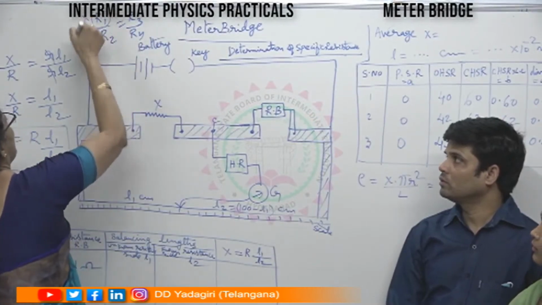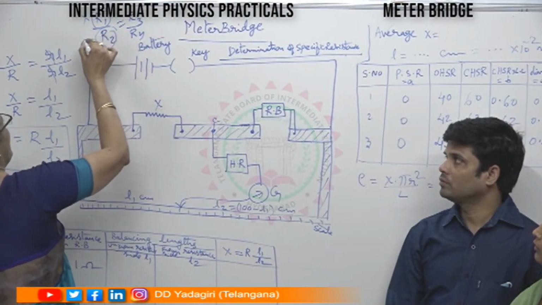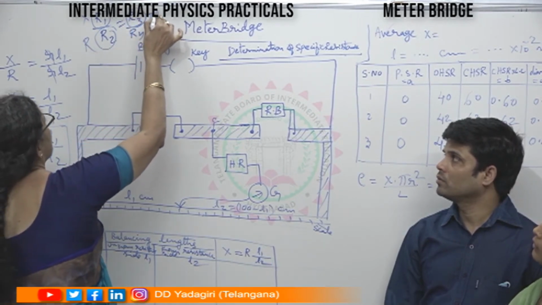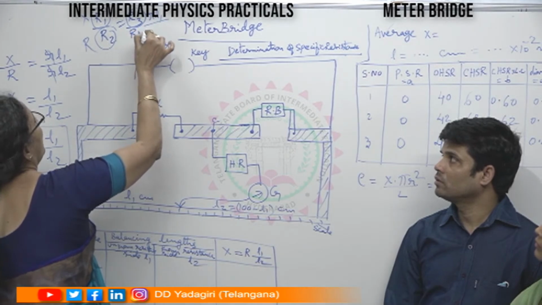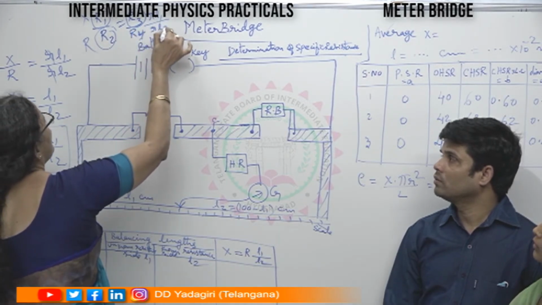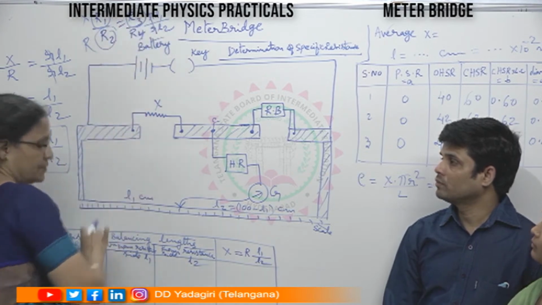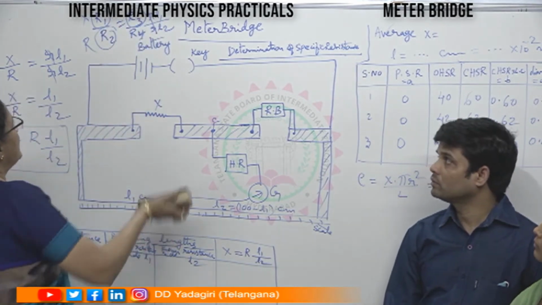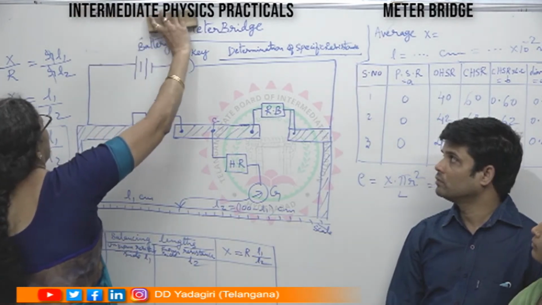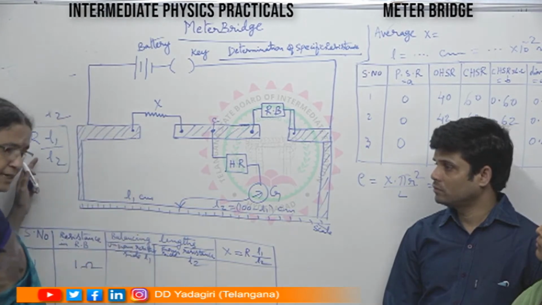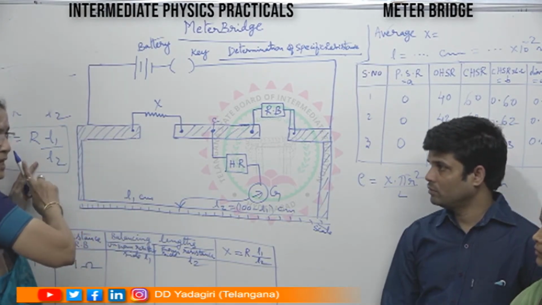Here I have written X. In place of R2, I have written R. In place of R3, I am writing rL1. Instead of R4, I am writing rL2. The r's cancel, so this becomes X is equal to rL1 by L2. That is how you got that formula. So here X is equal to rL1 by L2.